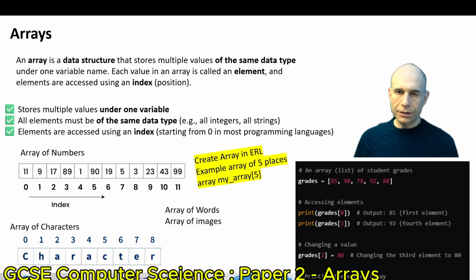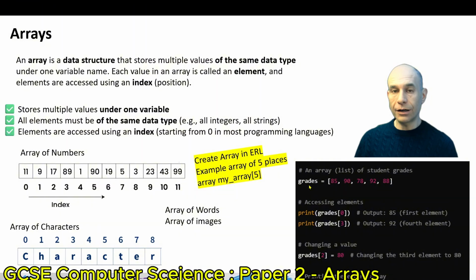Look at this black part here on the screen. I have this array of grades created here with all of these values. Now to access each of these elements, you need to put inside the square brackets the index number of the one that you are accessing.